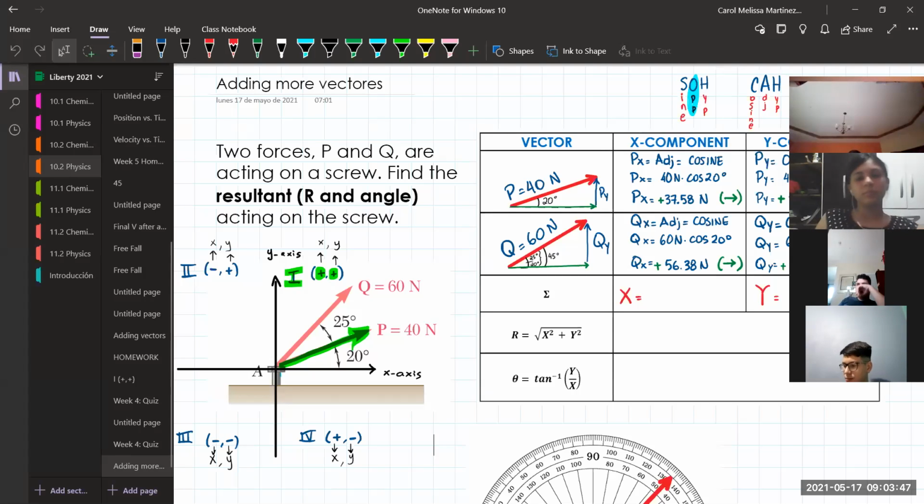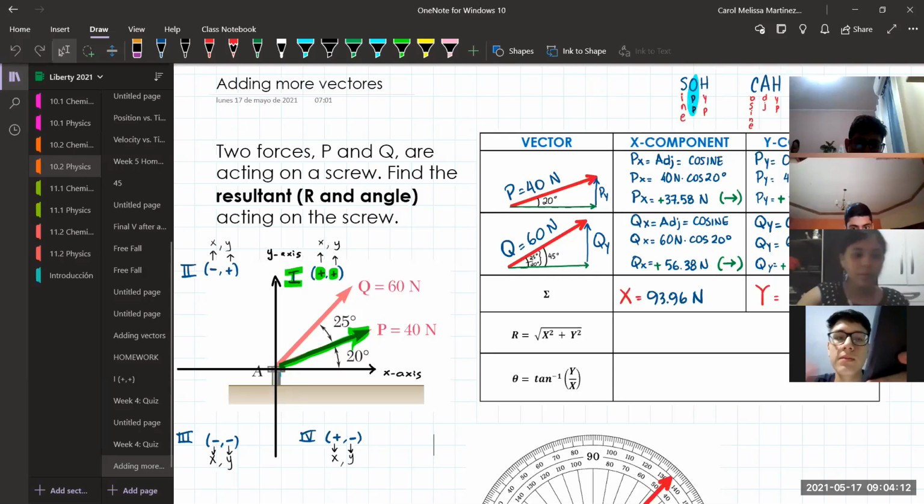How much do you get in the x? 93.96. How much do you get in the y? 60.1.